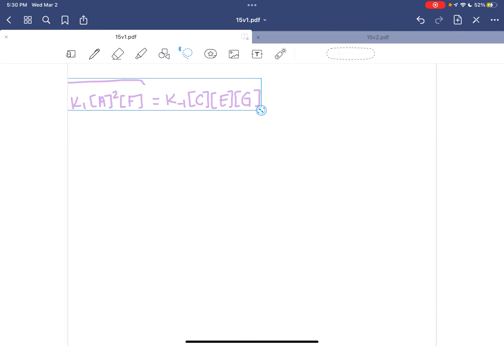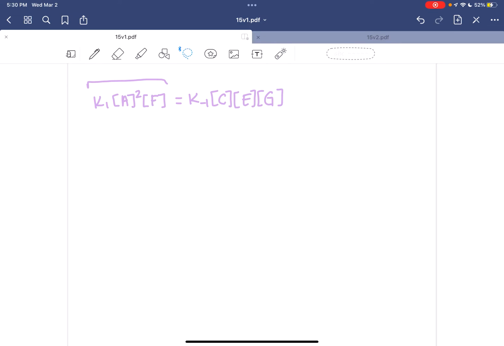We're going to take this expression for that first rate law, and since we want to plug it into our overall rate law for E here, we have to isolate it first because that's what we're trying to get rid of.